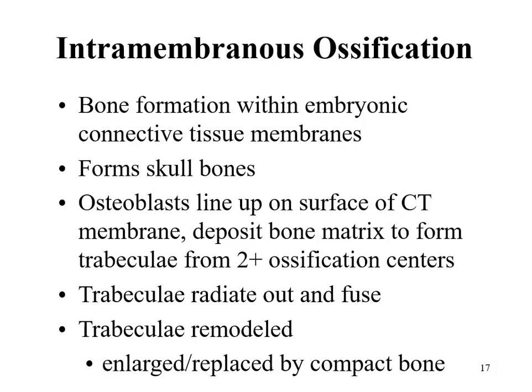Then the trabeculae from each ossification center will grow out or radiate out and fuse with the trabeculae created from other ossification centers. After we have fusion, we'll see that spongy bone remodeled, enlarged, or replaced by compact bone tissue on the surface.